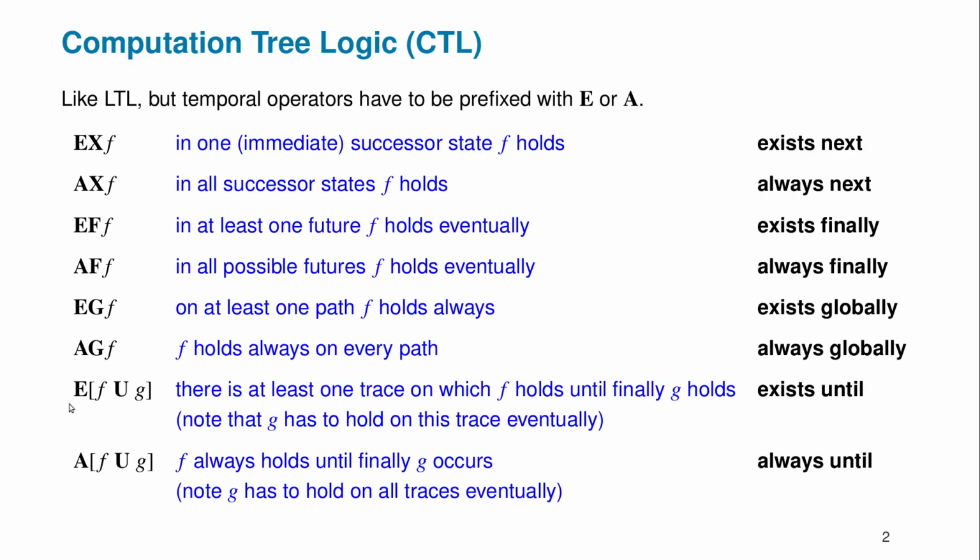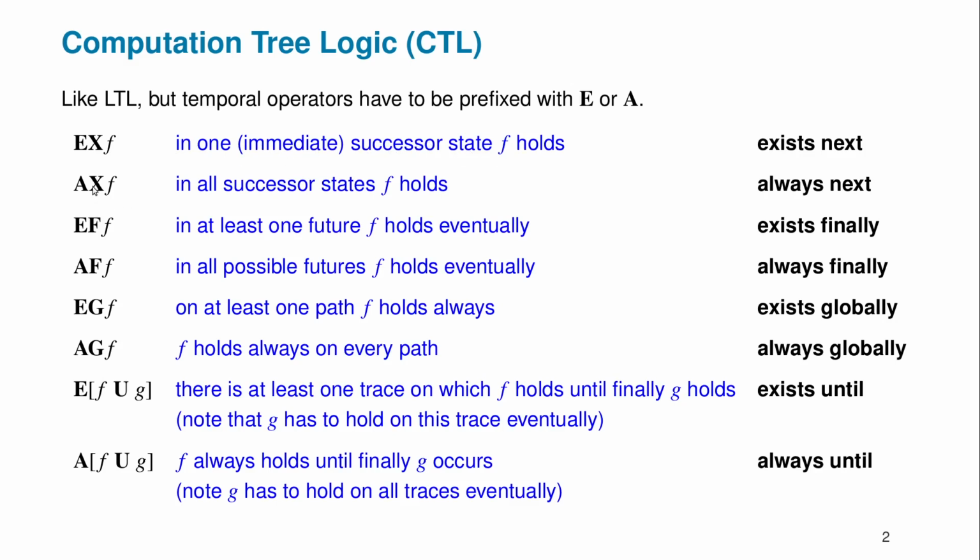Here we have a set of formulas that illustrate how this extension looks, and now we have several new combinations. In particular we have 2 variants of each operator. For the next operator we have EX F and AX F, where F is a CTL formula. EX F says that in one immediate successor state of the current state, F holds.